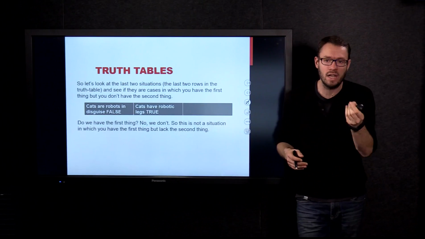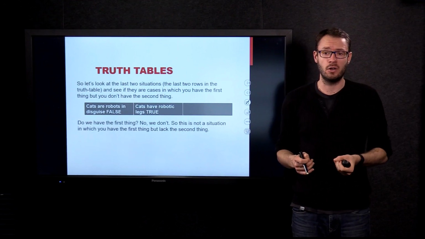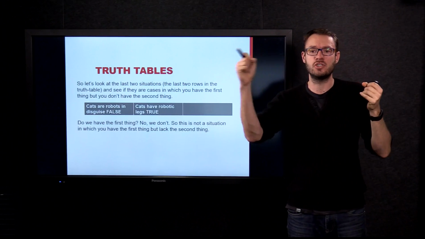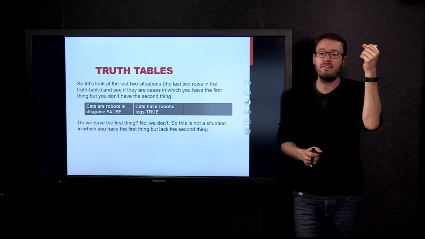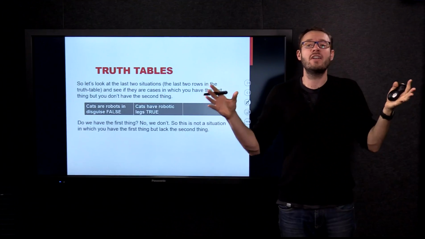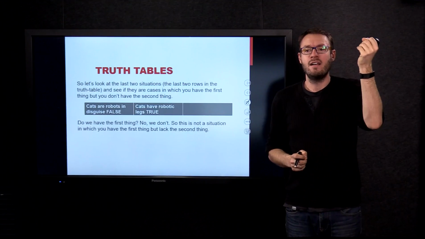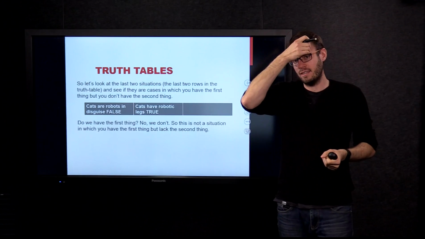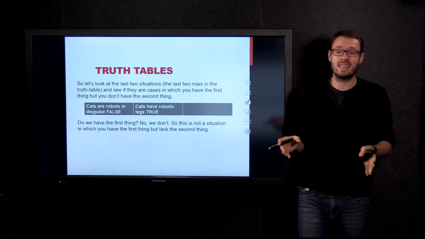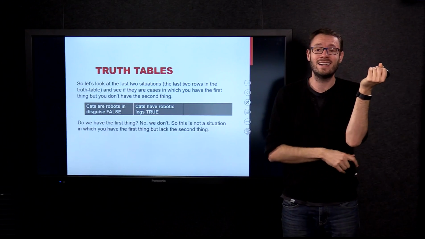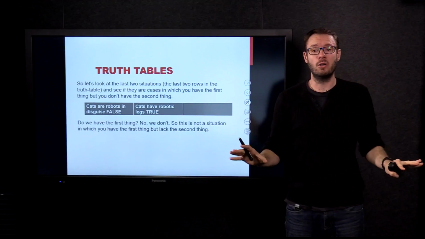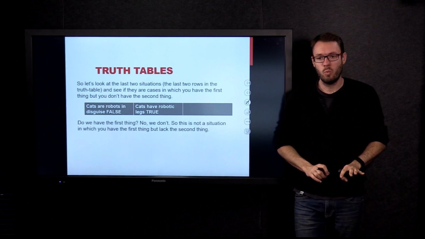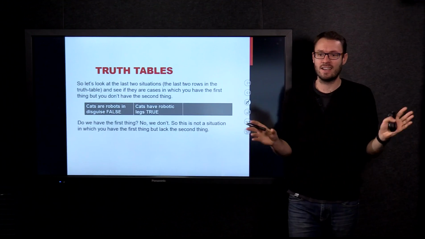As I said, there's only one situation under which the conditional claim is false. That's when you have the first thing and you don't have the second thing. So if you don't even have the first thing, then you just don't have that situation. Which is to say that when you don't have the first thing, the conditional claim is not false. Now, what does it mean to say that something is not false?